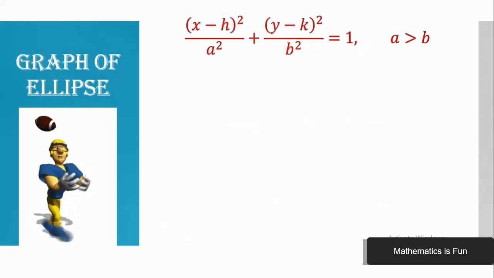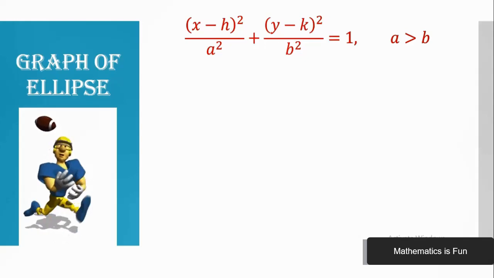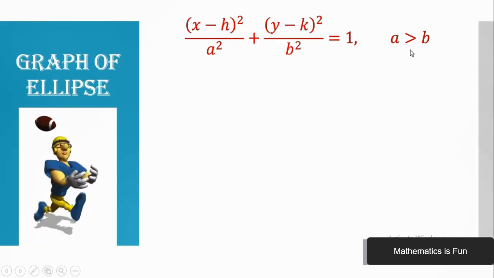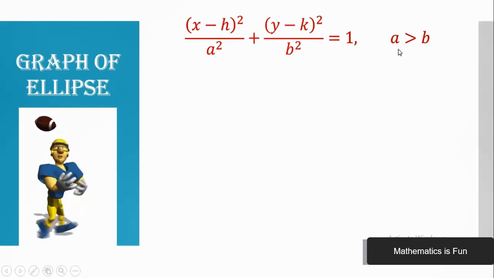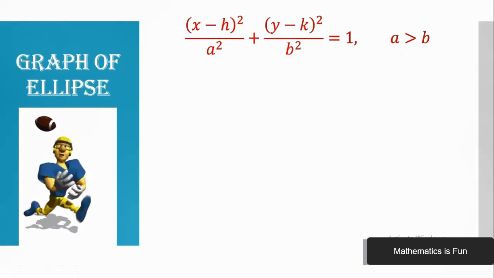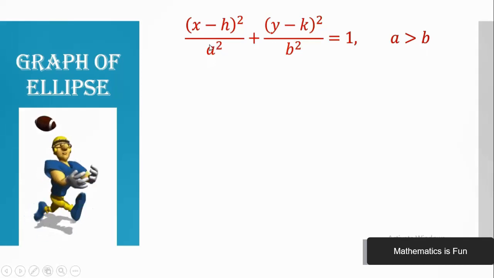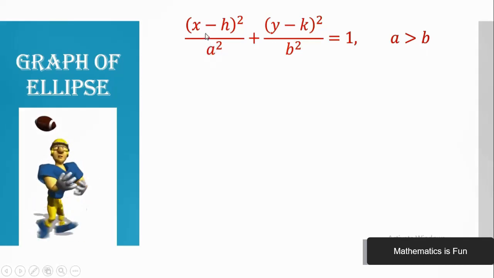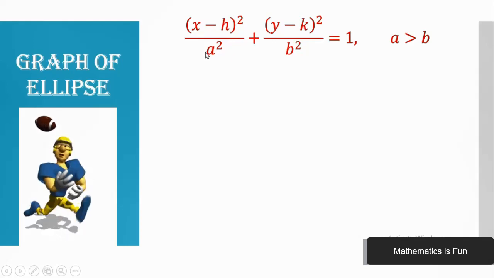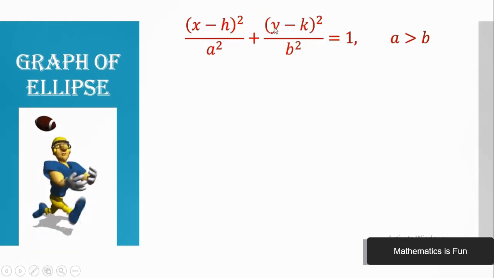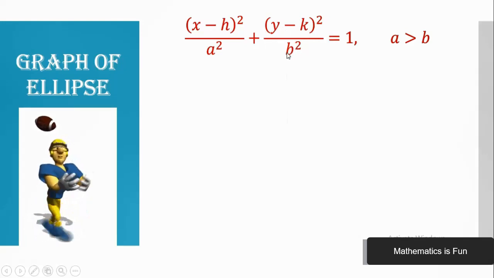Now let's learn something about the graph of the ellipse. Here we are going to learn about the graph of an ellipse with a greater than b. It means the length of the major axis would be a and the length of the minor axis would be b. As a is the denominator of the term x, the major axis would be along the x-axis and the minor axis along the y-axis.